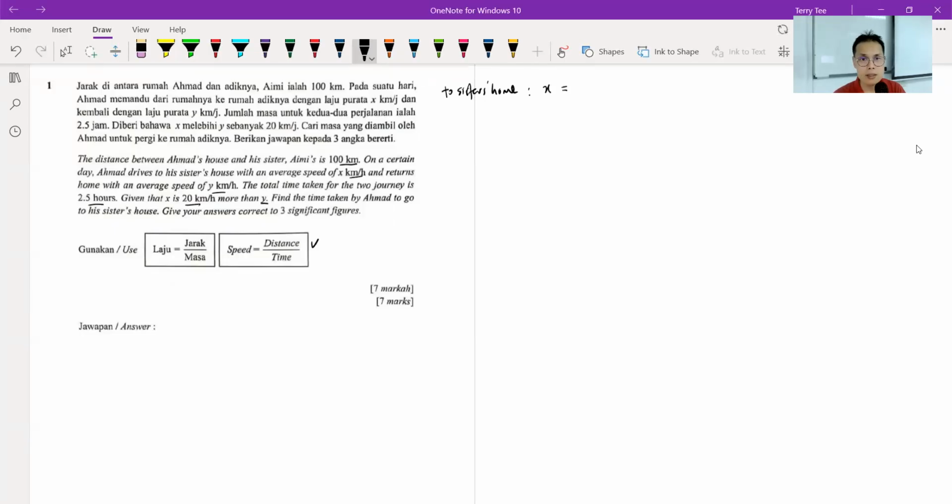The distance is 100 kilometers. The time, let's call it T1. T1 is the time taken for him to travel from his house to his sister's house. So let's make T1 the subject. T1 will be 100 divided by X.